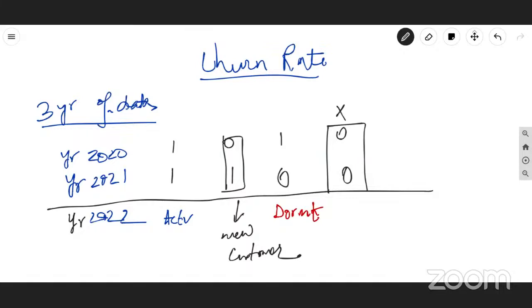I think data is too limited to tag them as a new customer or a dormant customer. A new customer I'm not including in my analysis, right? That's what I said. I'm excluding new customers. I'm only taking 11 and 10. Either you visited in both the years or you have visited only in 1 year.